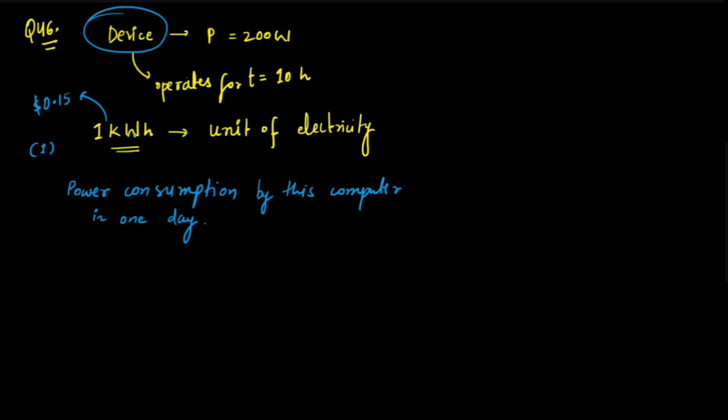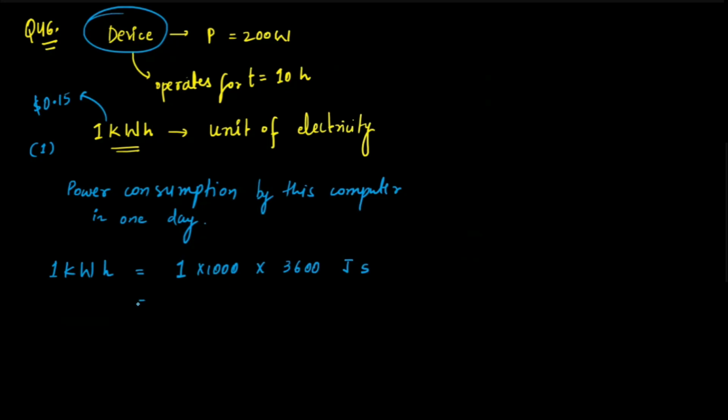Let me just break down this kilowatt hour. This is very important to understand. So 1 kilowatt hour is equal to 1 kilowatt times 1 hour. Kilowatt is 1000 watts. If you have to convert hours into seconds, you multiply by 3600. This converts the whole thing from kilowatt hour to joules.